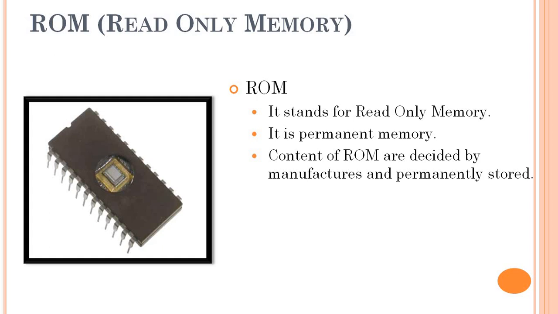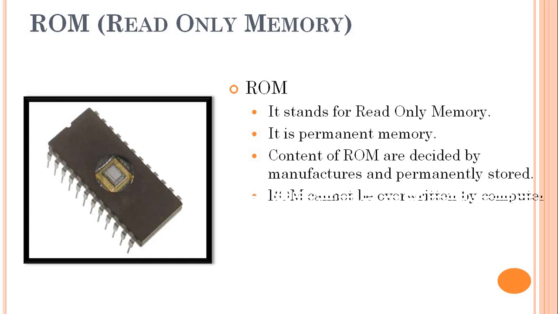So the manufacturer, when they are deciding the configuration, the desktop or the laptop, at that time the contents of the ROM are decided and they will not change. ROM cannot be overwritten by computer. Once the contents of the ROM have been written, we cannot change the contents. The contents are there permanently.